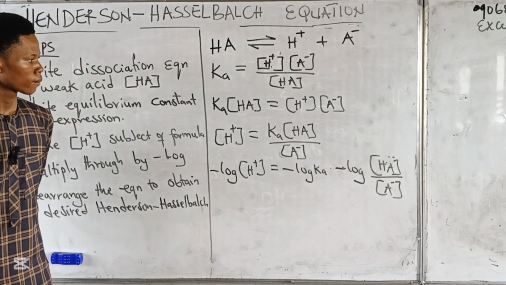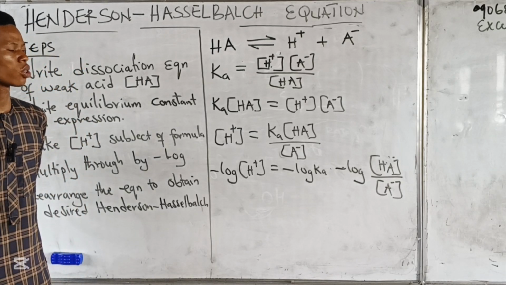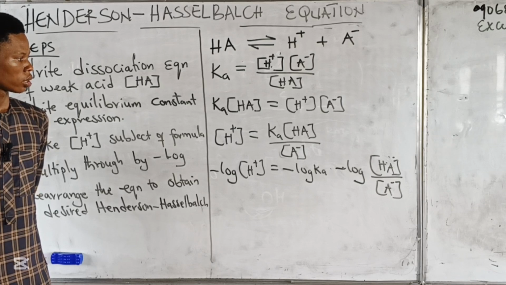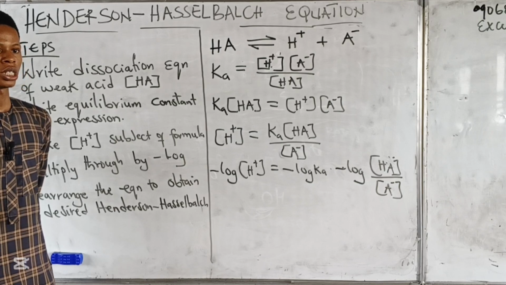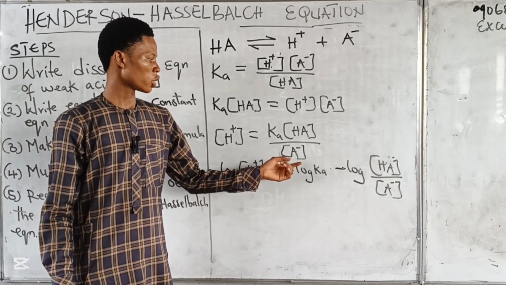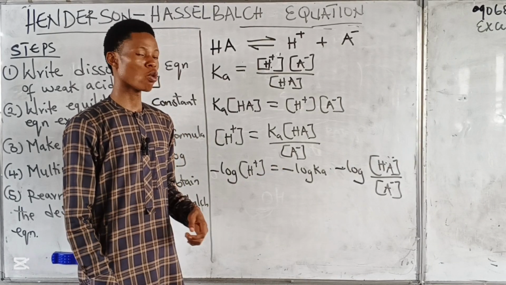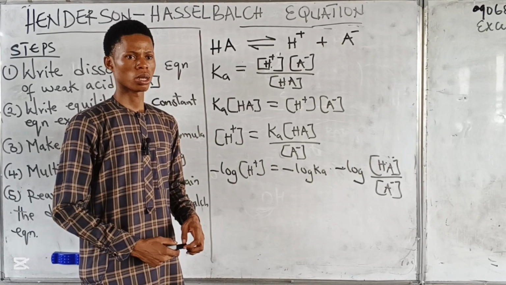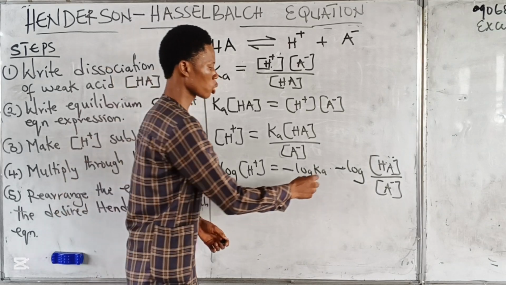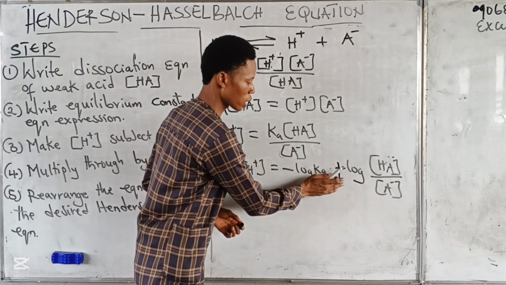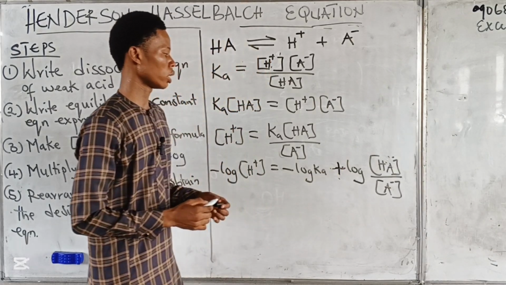It is correct because whatever is done on one side is done on the other. What's the law of logs? If it is division, you subtract, but we're multiplying through by minus log. Do we understand this? I'll take that again.